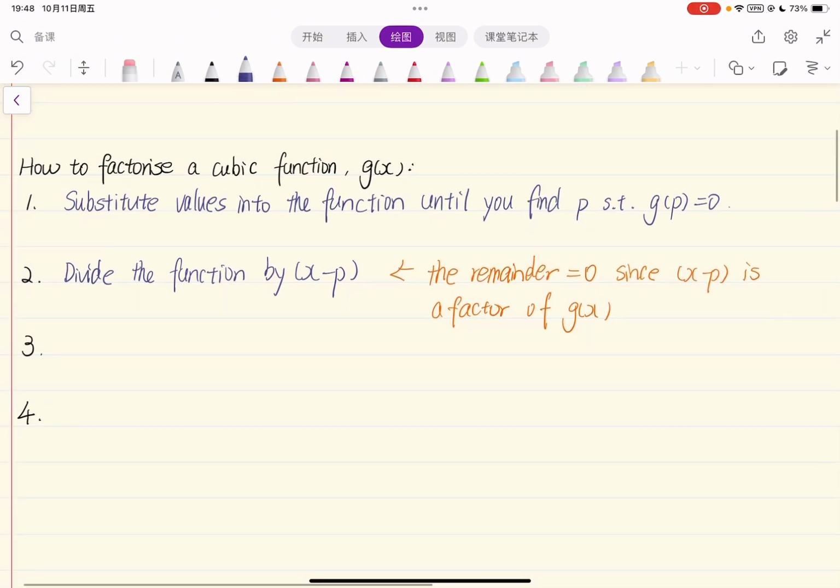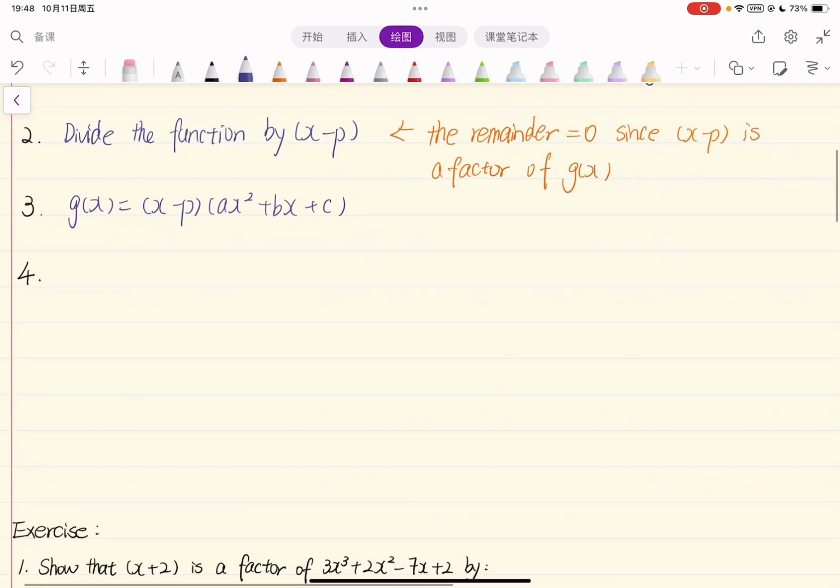In the third step, you have g(x) equals x minus p times ax squared plus bx plus c, and then you factorize the quadratic factor.